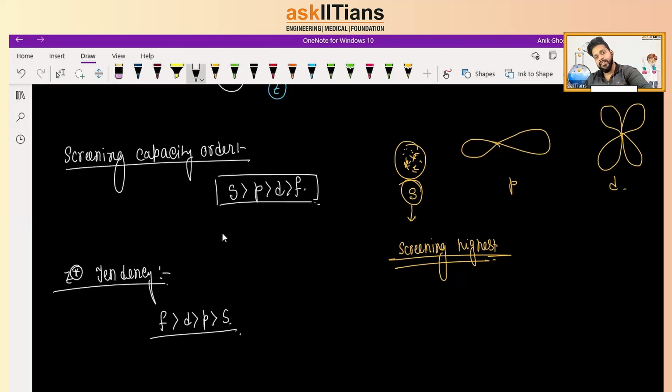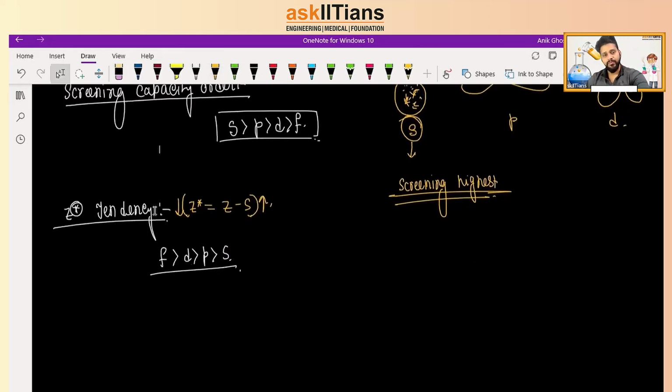Guys, you know for a fact that Z star equals Z minus S. Right? So if somebody has a high screening power, then definitely the Z star goes down. Correct? It's opposite to each other. So from that I am saying SPDF's Z star tendency would be opposite to that order, FDPS. Okay? This much we are clear?